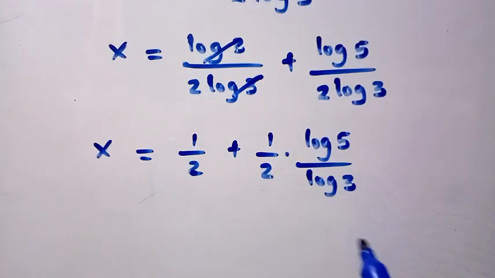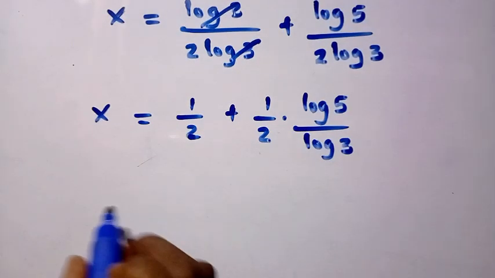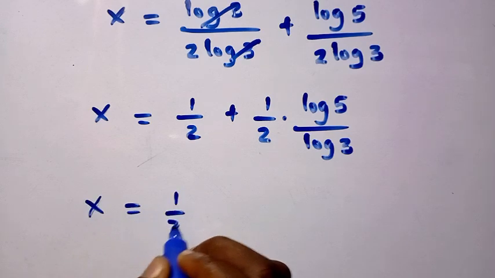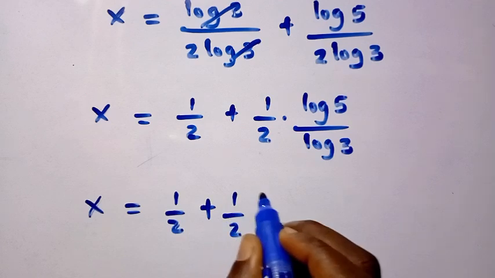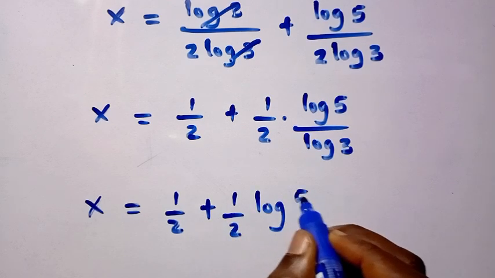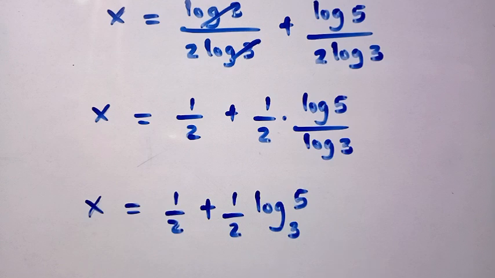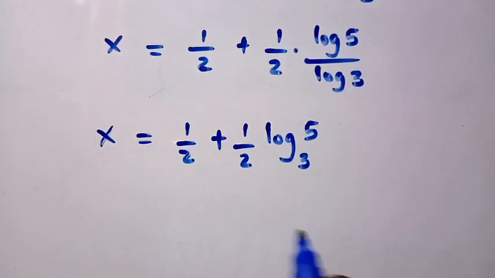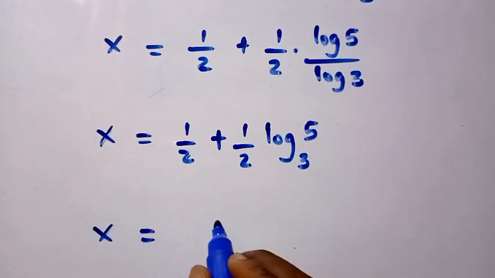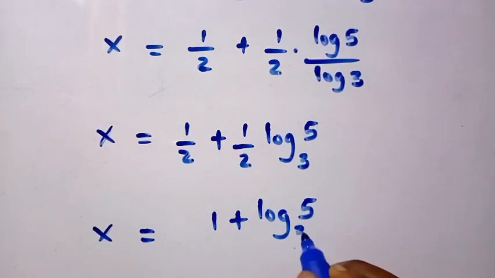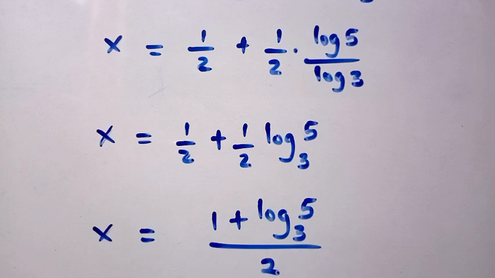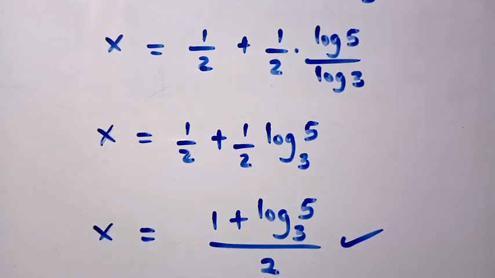If you have log 5 divided by log 3, you can leave it like this, or we just write it in a short form as log 5 base 3. And then everything results in 1 plus log 5 base 3, all divided by 2. This is the answer to this problem as the value of x.